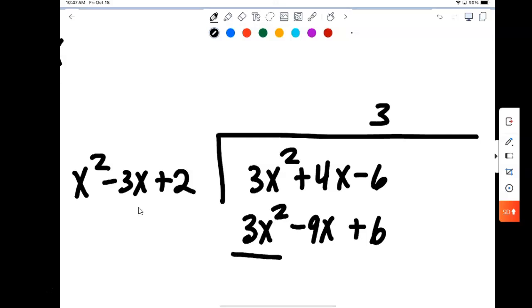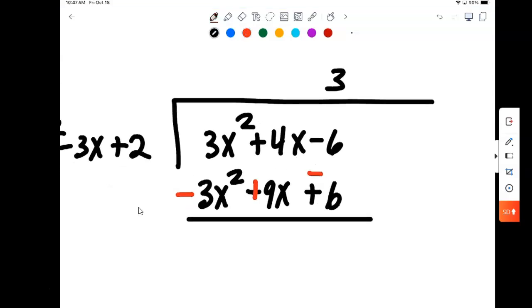And then remember the long division process. We multiplied, now we subtract, so all the signs will change. That'll become minus 3x squared, plus 9x, and minus 6. So we go through the process here. 4x plus 9x will be 13x.